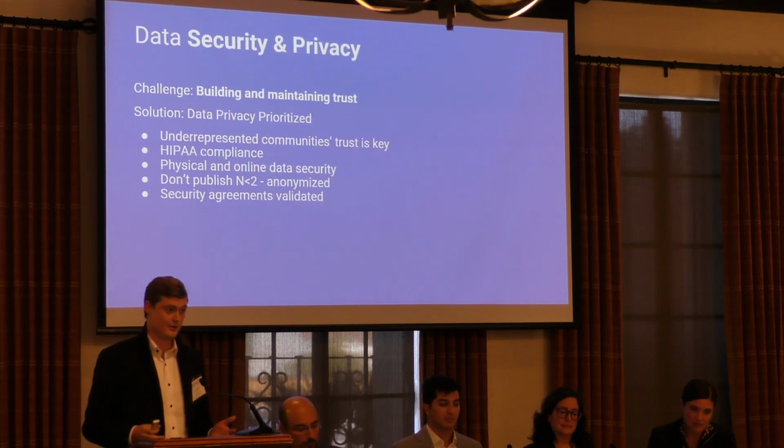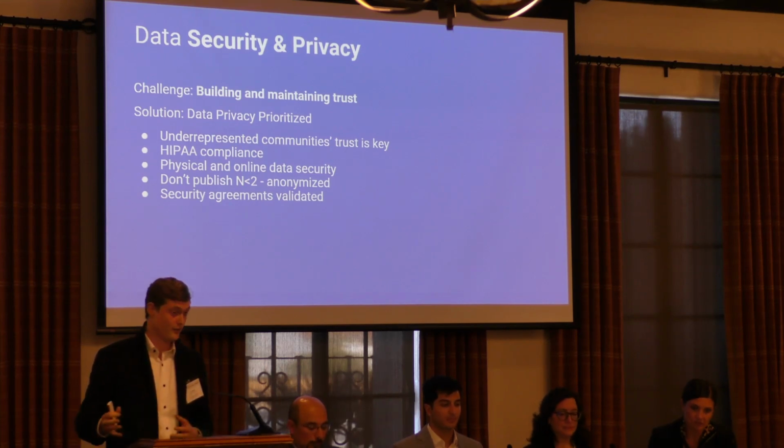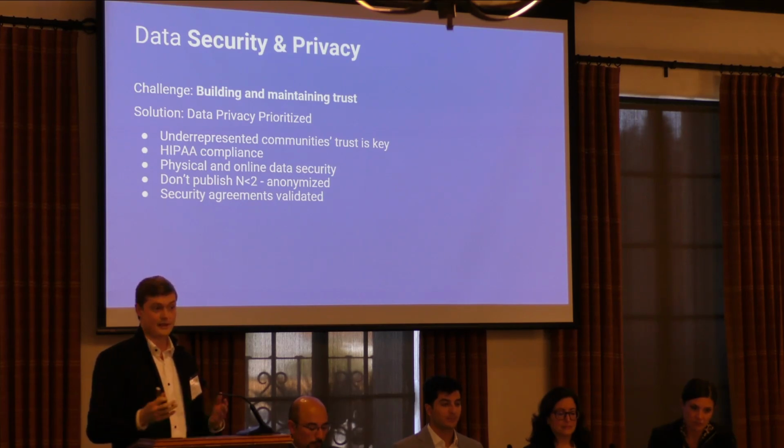Now, none of that matters if you don't have security and privacy in place. And that's really important to build and maintain trust. So especially for underrepresented communities, which is one of the main targets for Champions, it's very important to maintain that trust going forwards throughout the data pipeline as well as in general. So everything that we do is HIPAA compliant.